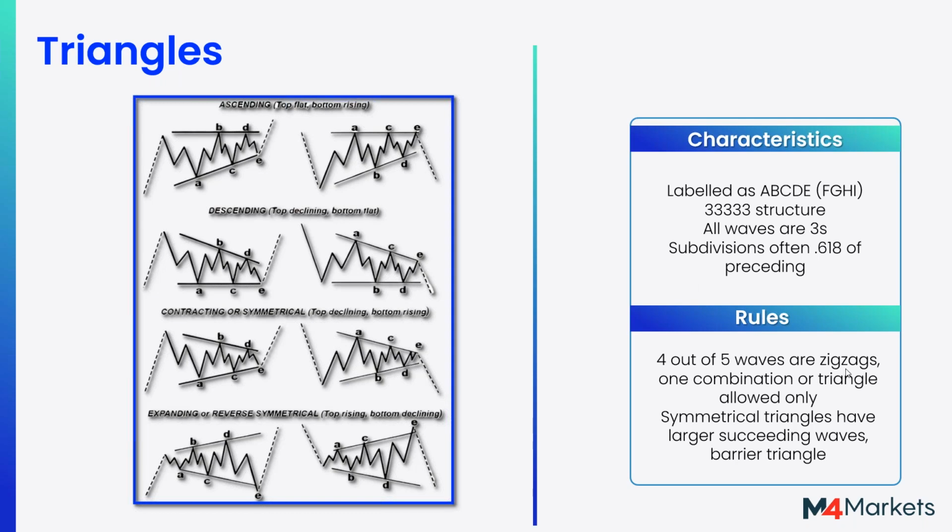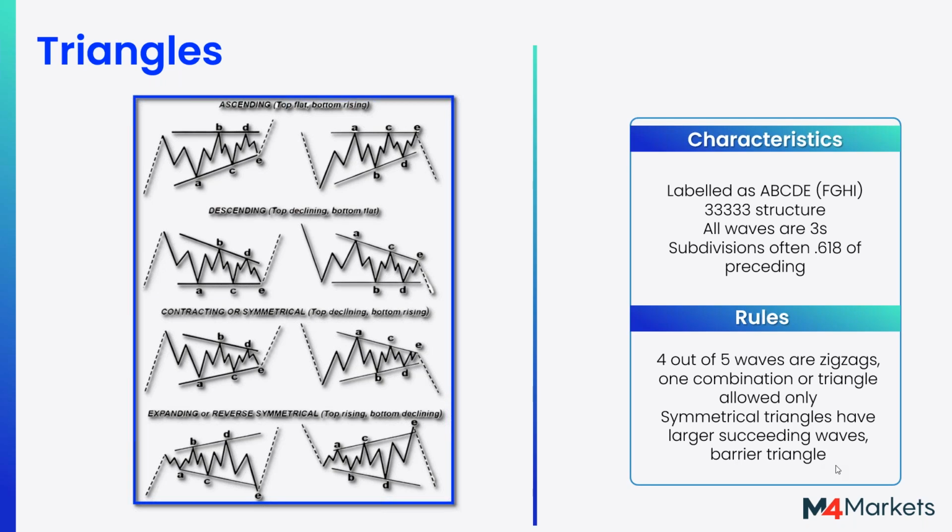Four out of five waves are zigzags. There must be zigzags, but one combination is allowed, or one triangle, only one. Symmetrical triangles have actually smaller succeeding waves, sorry about that.